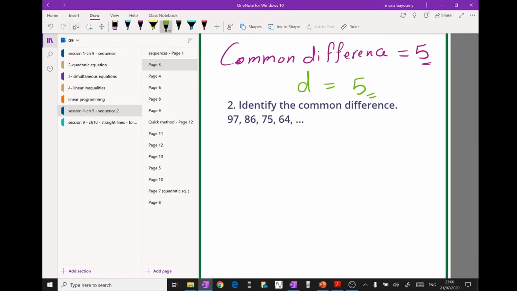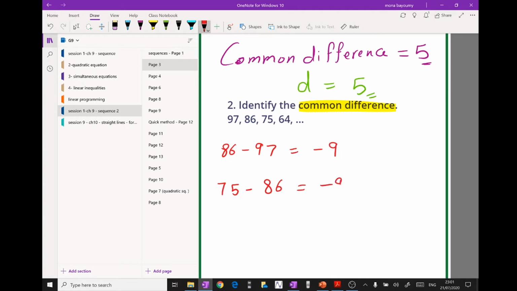Again, here we want to find the common difference. To find the common difference, what we have to do? You have to subtract any two successive terms to find the common difference. So here 86 minus 97, it's gonna be negative 9. 75 minus 86.